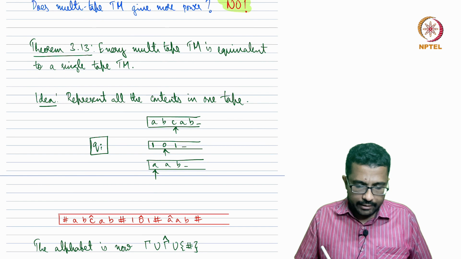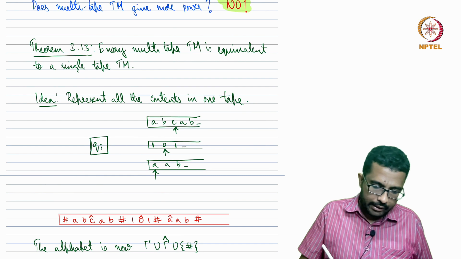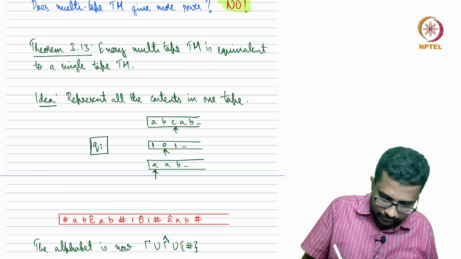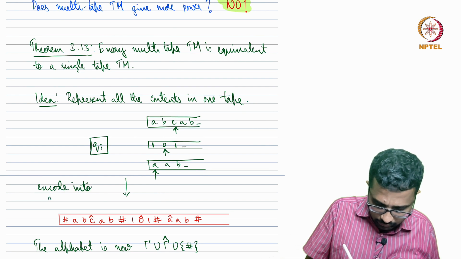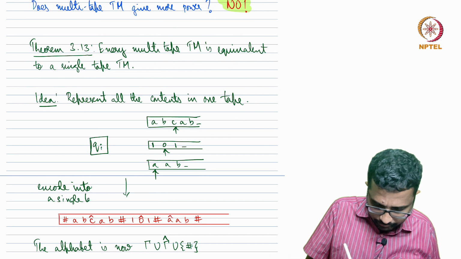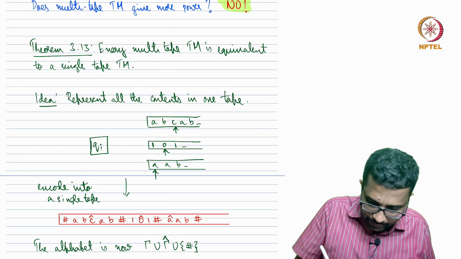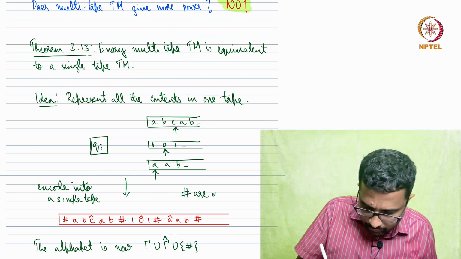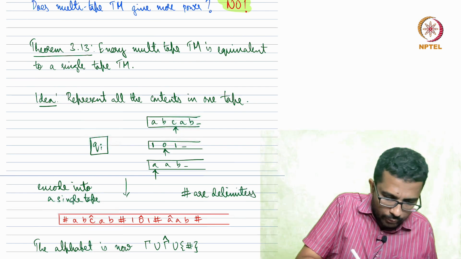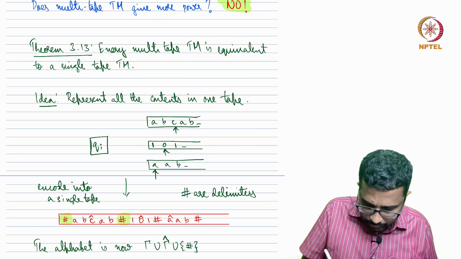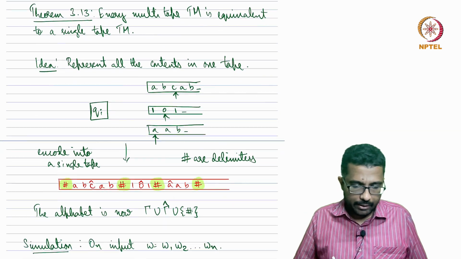So what you can do is to encode it in the following way. So basically we encode the entire thing into a single tape, and these hash symbols are delimiters, meaning these symbols that I am going to highlight just now are going to separate or tell us where each tape content is ending and the next tape content is starting.